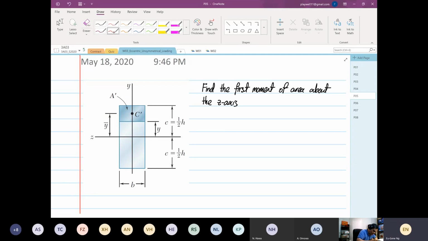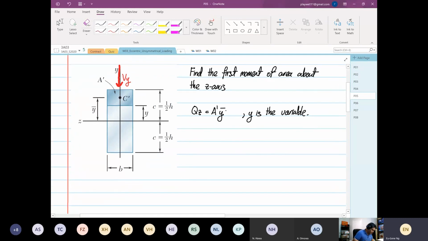Right, so again, we have in our analysis that this is our Vy. Okay, that's our Vy. So we're going to calculate our Qz, which is equal to A prime Y bar. Okay, where Y over here is a variable. Y down there is a variable.